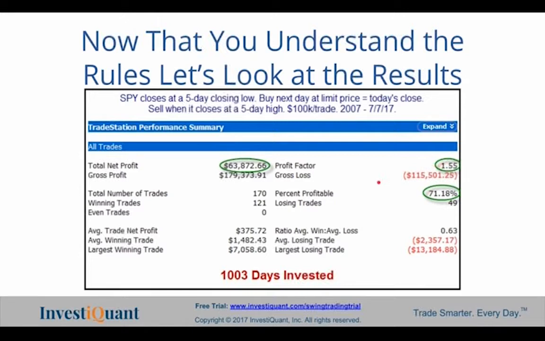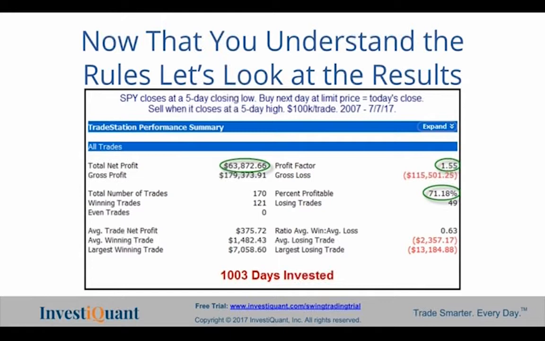The reason we do that is if there are 2 systems that people are evaluating, and they both made $10,000 over the same amount of time, one system made $10,000 by having 20,000 in gross profits and 10,000 in gross losses, that would be a profit factor of 2. And that's considered quite good, actually, most of the time.